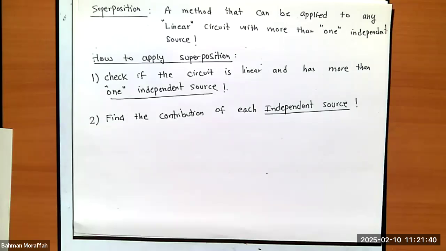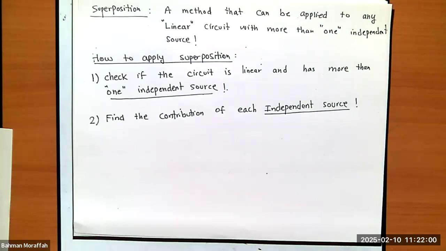And to get rid of them, what it means is that I have to zero out the rest of the sources, right? So if I have, for example, 3 sources, I keep 1 source and zero out the other 2. And I have to repeat this 3 times, right?